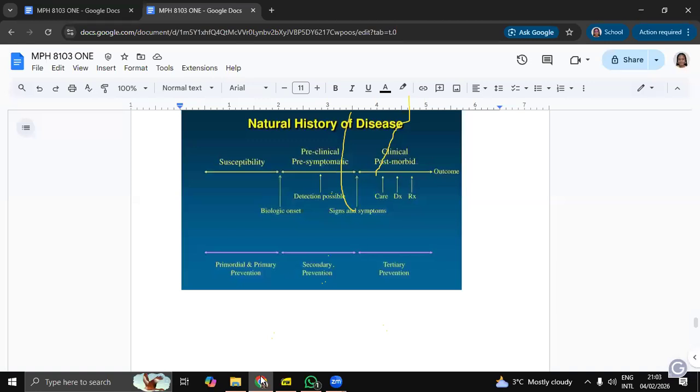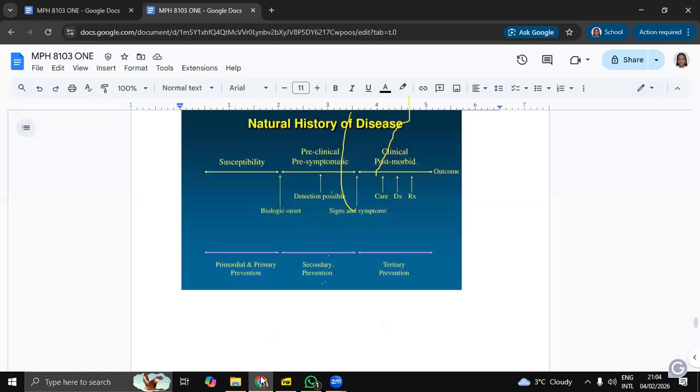So what are we doing? We are saying, you don't have it yet, and we don't want you to have it. We don't want you to come down with that disease. That is primary prevention. Now, the kind of examples under primary prevention, please, we're going to end in a bit.